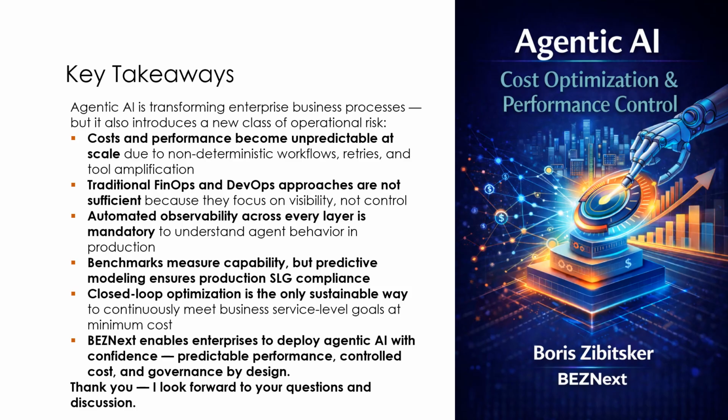Traditional FinOps and DevOps frameworks provide observability, but they do not provide the predictive control needed for autonomous systems. The path forward requires three pillars: automated observability, predictive modeling optimization, and closed-loop control. This is how organizations can consistently meet service-level goals while avoiding runaway spend.